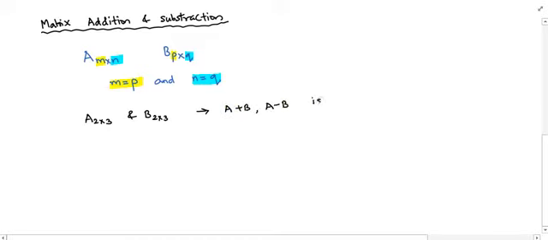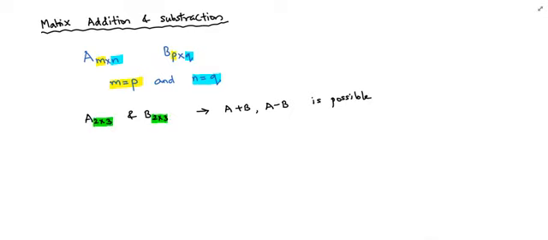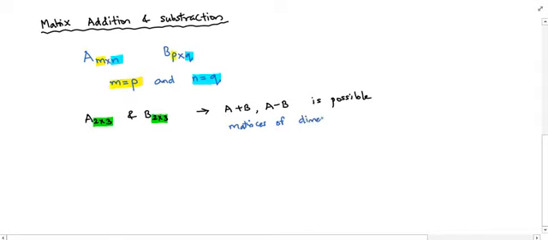This is possible. Okay, so when we add or subtract two matrices, it will again give you a matrix, so it should have a dimension. In this case, as it is possible to add the two matrices because their dimensions are the same, the resulting matrices, A plus B and A minus B, will be matrices of the same dimension as A and B. So the dimension will be 2 by 3.